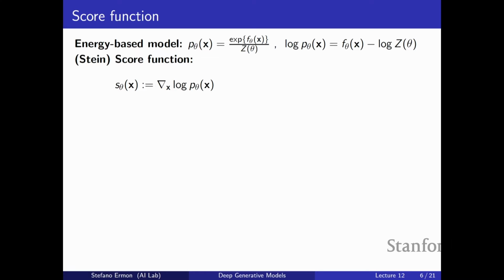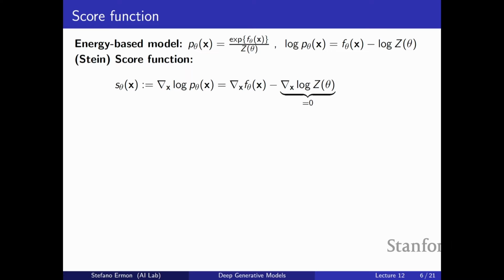This is also a function of x, in the sense that at every x there are going to be different gradients, and a function of theta because the log likelihood itself is parameterized by a neural network with weights theta. And just like we saw before, the gradient of the log likelihood does not depend on the partition function. The log likelihood is the difference of these two terms, and the log partition function is the same for every x.